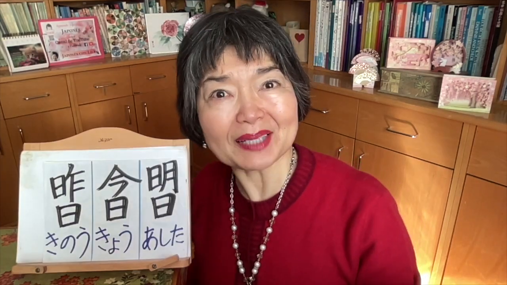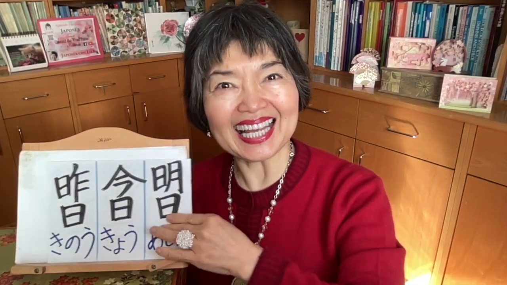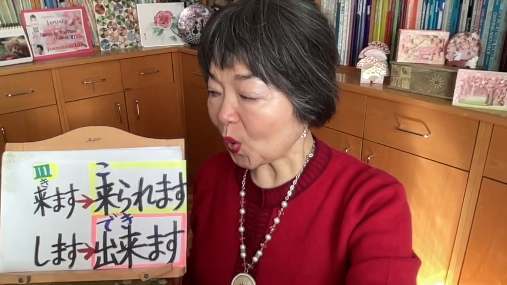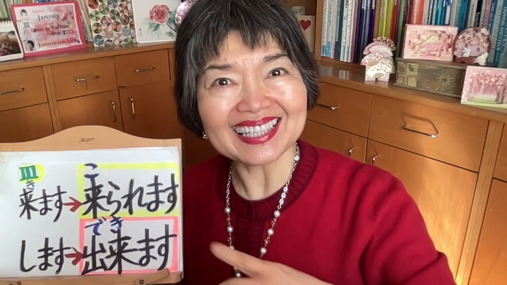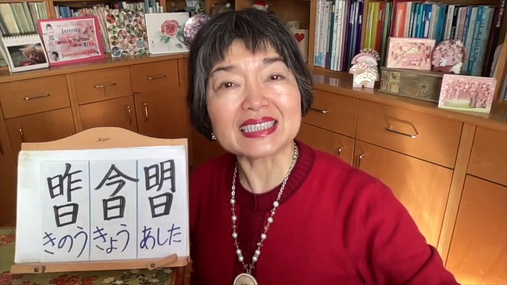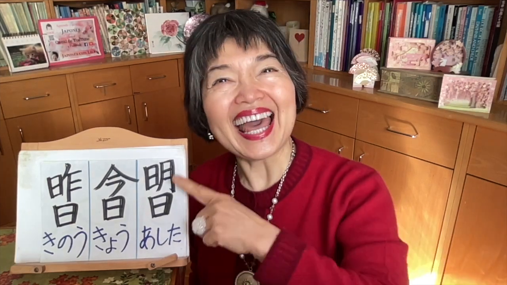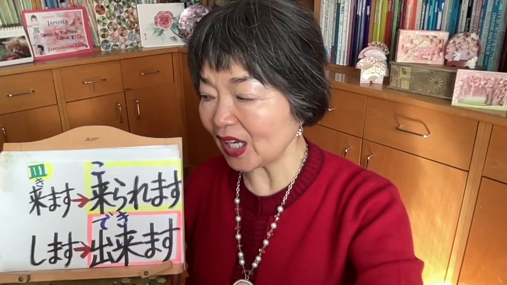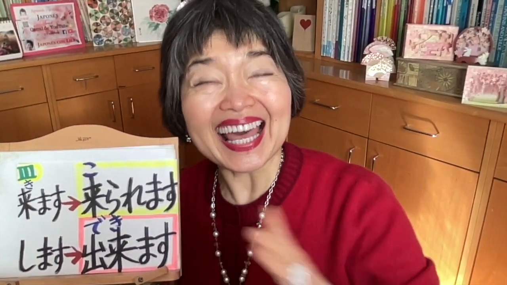Can you really come tomorrow? 明日本当に来られますか? Now the same sentence in the casual form, but still the correct: 明日本当に来られる?